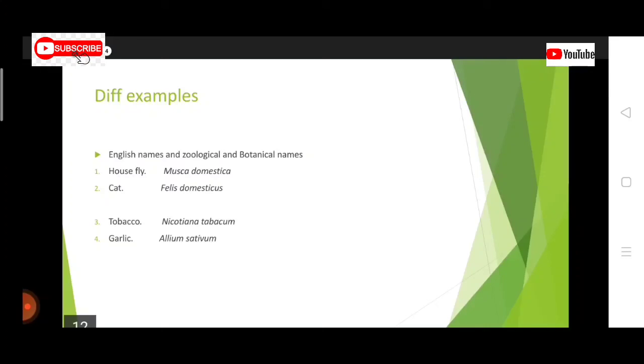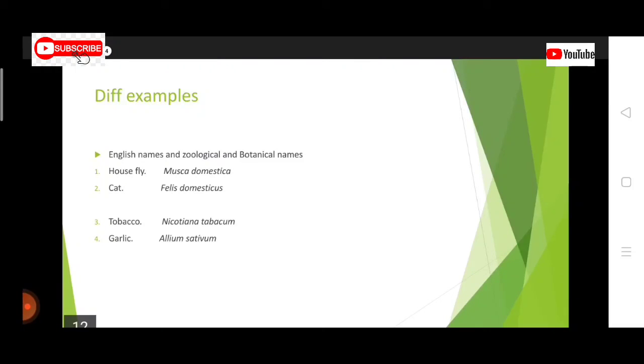It is a zoological name for housefly. In this name we have used some rules. In the generic name we have used a capital letter, in the species name a small letter, and the third rule is that it is in italic style.